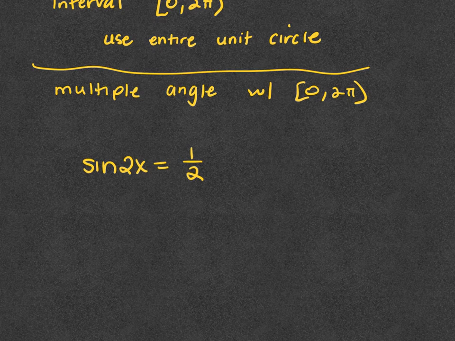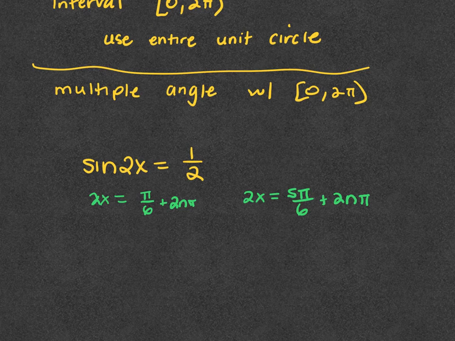So the natural answer on this, without the interval, would be that 2x, everywhere sine is 1/2, which is positive pi over 6. So it would have been at pi over 6, and it would have been at 5 pi over 6, because that's where sine is 1/2. Plus 2n pi, plus 2n pi.